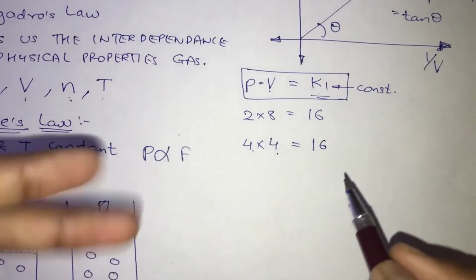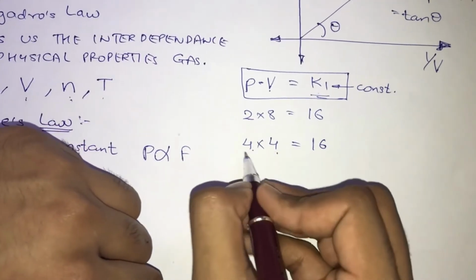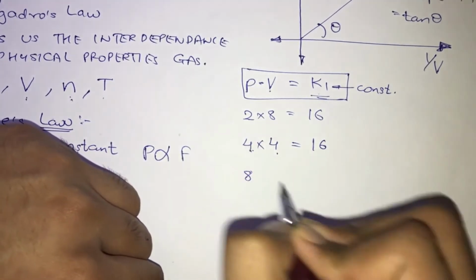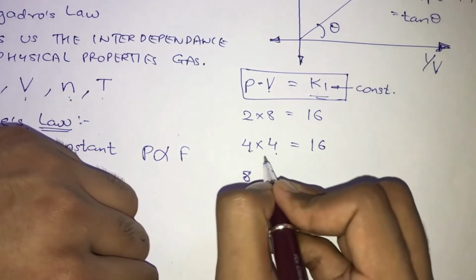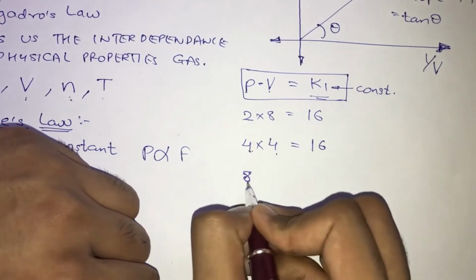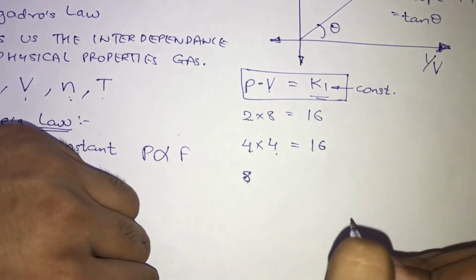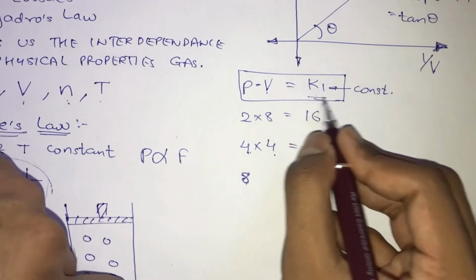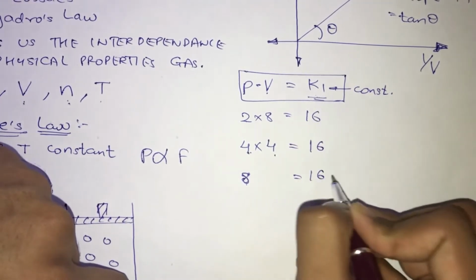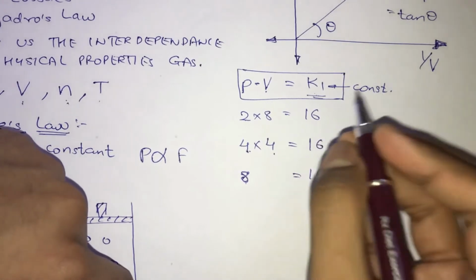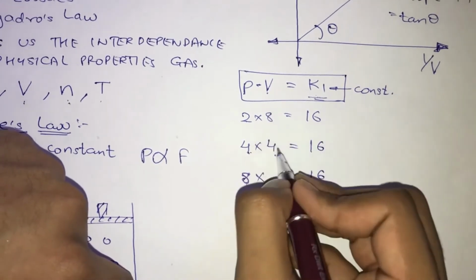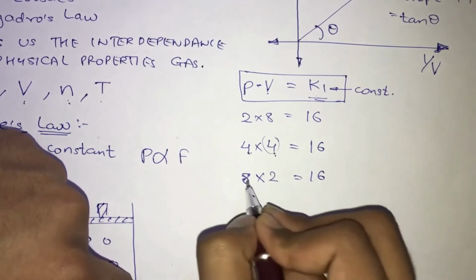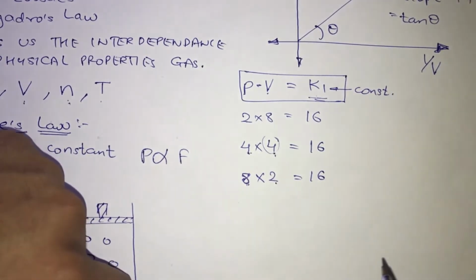Let's understand better with the help of another example. Let's say that you have now made the pressure from 4 atmospheric pressure to 8. Okay, so you have changed the value of pressure from 4 atmospheric pressure to 8. And as we all know, the value of this constant K is going to remain the same, that is 16. Now to adjust the multiplication, the volume is going to change itself from 4 to 2, so that we get 8 into 2 is equal to 16.